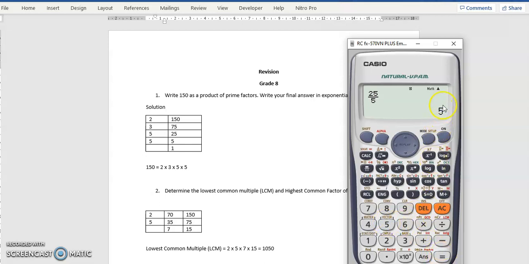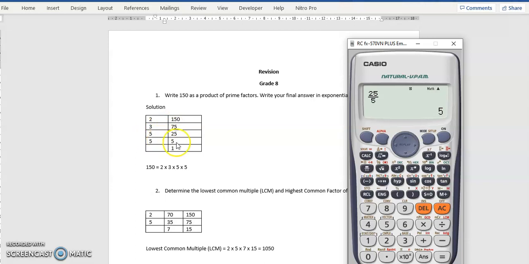What does it give me? 5. 25 divided by 5. Is that okay? Good. So here, it means 5 can divide 25 without a remainder. So you write a 5 here, this 5. You write it here, then this 5, you write it here.